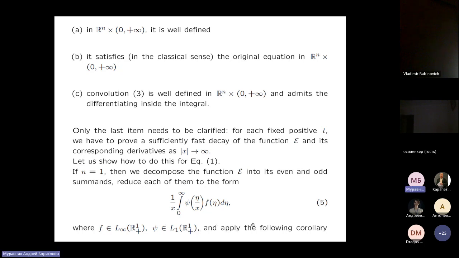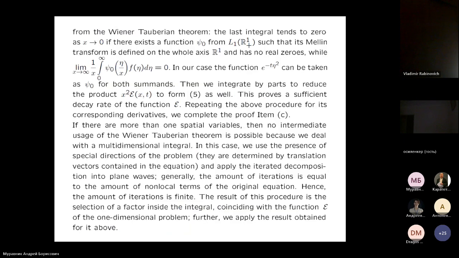And then we apply the following corollary from the Wiener-Tauberian theorem. The last integral tends to 0 as x tends to infinity if there exists a function psi 0 from L1 such that its Mellin transform is defined on the whole real axis and has no real zeros.